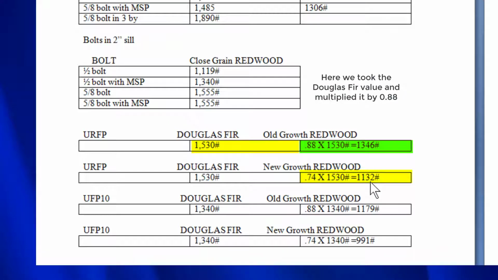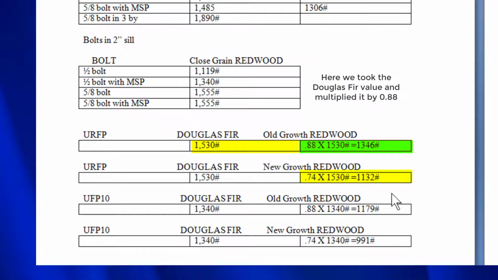The URFP can resist 1,132. And we go down here, we have the exact same thing. A UFP, which is the older style, is UFP 10 in the Douglas fir, resists at 1,340. We multiply that times 0.88, 1,179, and then we go on down here for new growth redwood, and we get 0.74.